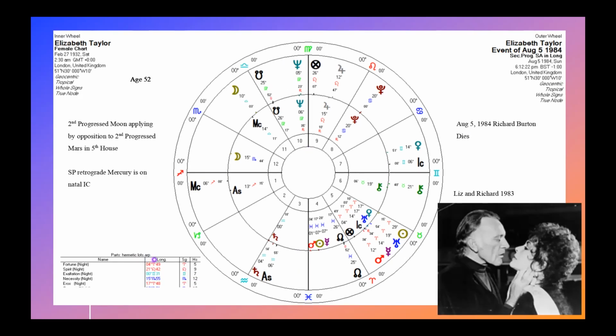So at age 52, her second progressed moon is applying by opposition to the second progressed Mars in the fifth house. And that is reflective on August 5th, 1984, Richard Burton dies. And I think, because the moon is how we feel and how we're interpreting the world around us, the moon is very connected to our feelings.